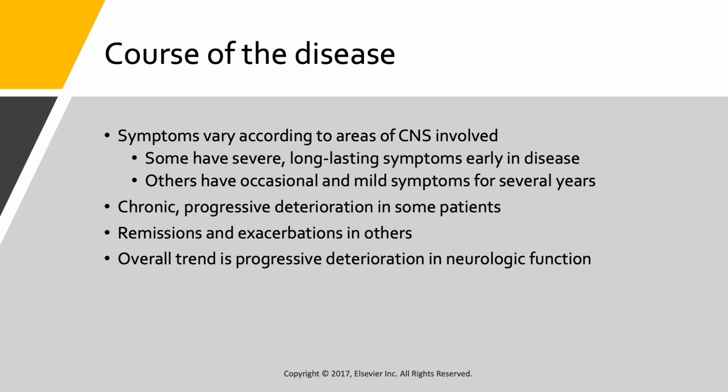They may go down progressively slowly, but most of the time, actually about 85% of the time, they have remissions and exacerbations. So they'll get a little bit better, and then they'll get worse again, and then they'll get a little bit better, and then they'll get a little bit worse. But ultimately, the overall trend with this is down. Ultimately, there will be a deterioration in neurologic function.